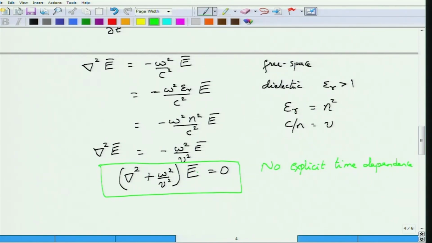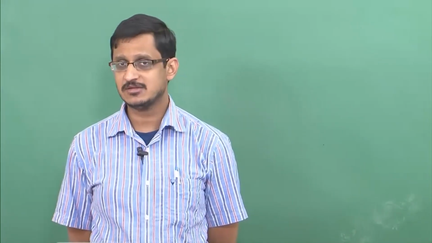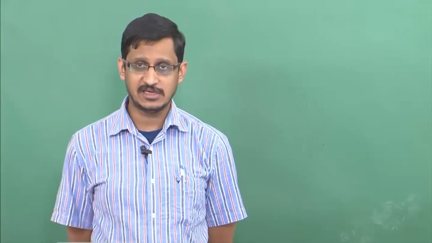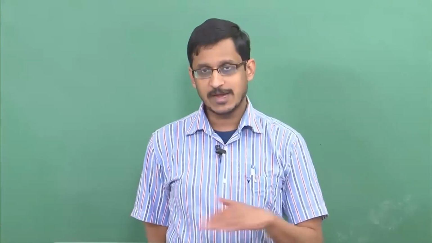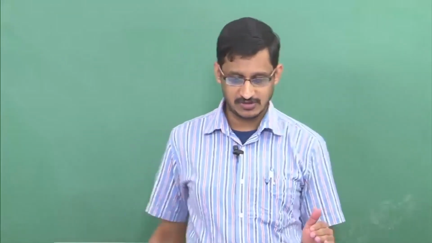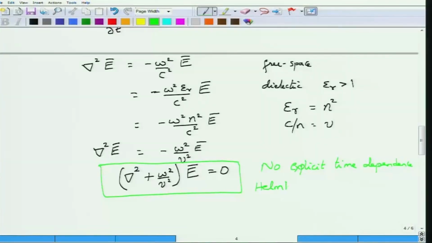If I want to obtain the actual electric field, I need to multiply this E by e power j omega t and then take the real part. So there is time dependence, and time dependence in this case is very simple. It is just a sinusoidal signal of angular frequency omega. However, because there is no explicit time dependence in this equation, it is known as the Helmholtz equation.